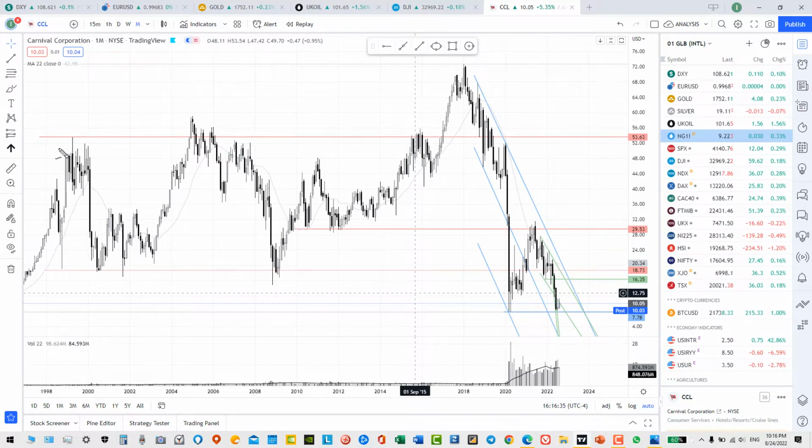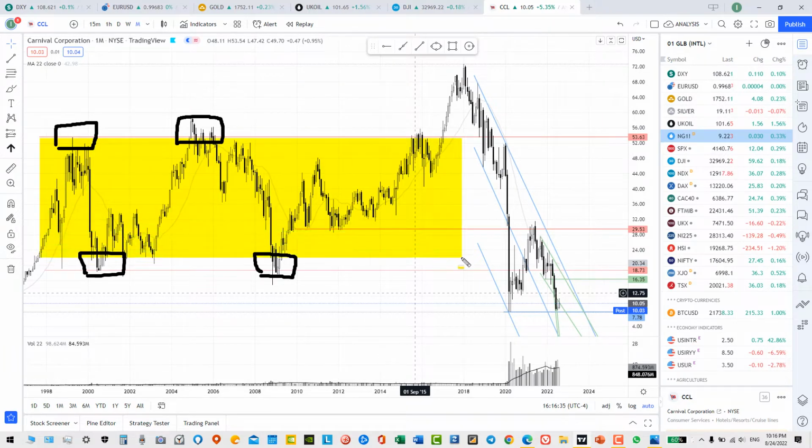We can clearly see that we can consider the stock is moving within a giant trading range, a giant sideways. At some given time, you can consider that this was the trading range of Carnival.